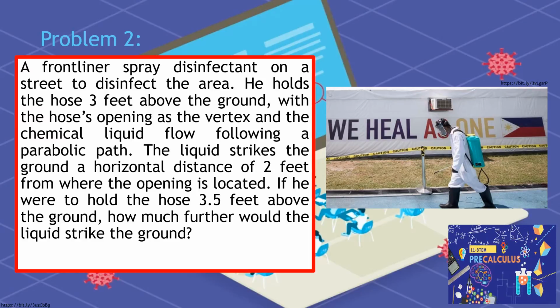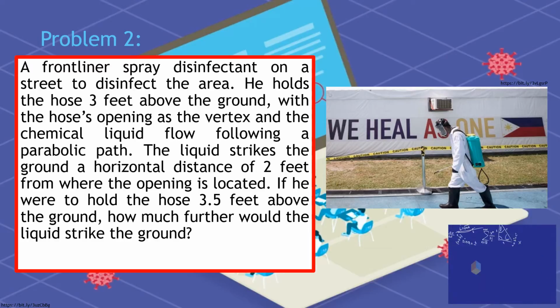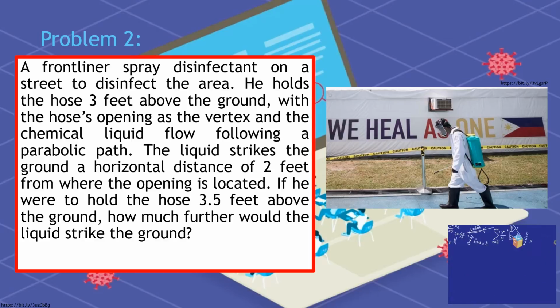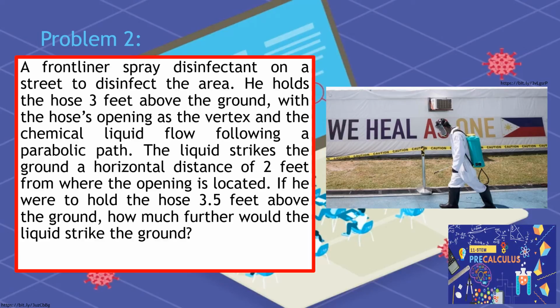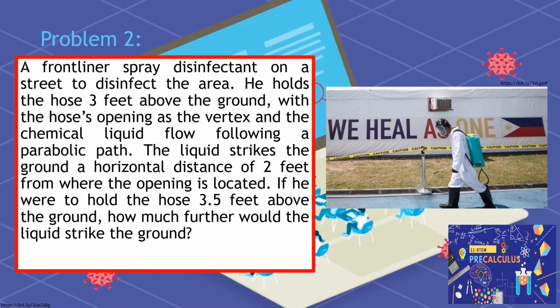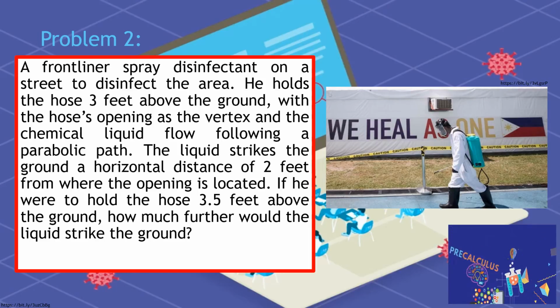Whenever you are given word problems like this, you have to identify what kind of conic section is involved. Is it a circle, parabola, ellipse, or hyperbola? Sometimes it is explicitly mentioned, but there are times that you just have to find keywords to determine the type of conic section involved.